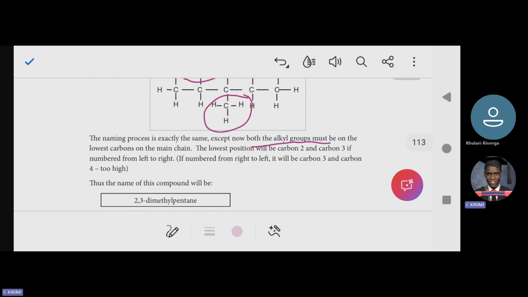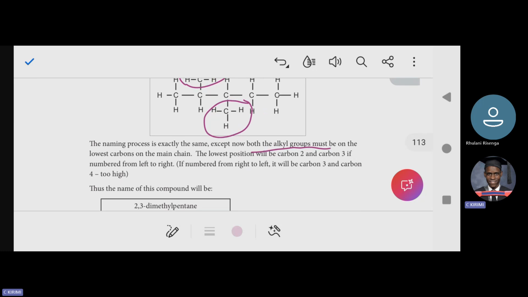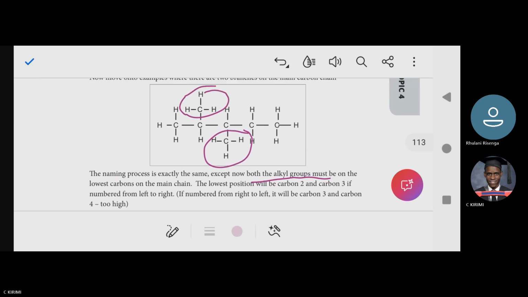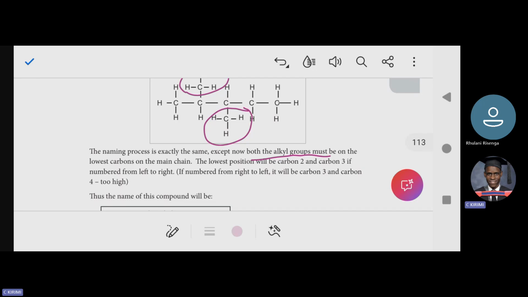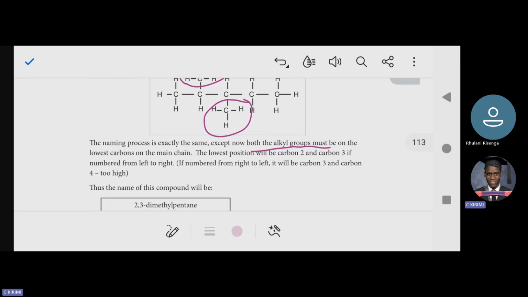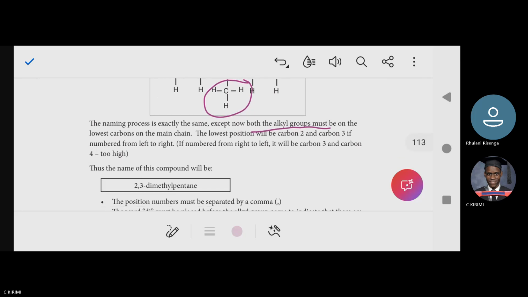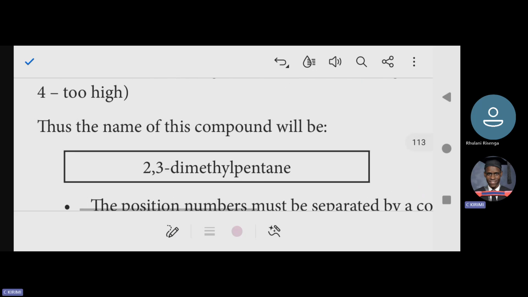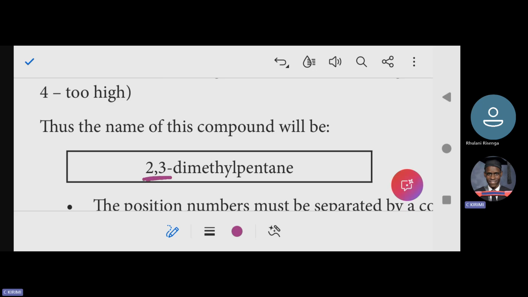And then the name, because it's 2, 3, which means there is a side chain or an alkyl substituent at carbon number 2 and carbon number 3. So carbon number 2 and carbon number 3, it's a 2, which means 2 corresponds to dimethyl pentane.